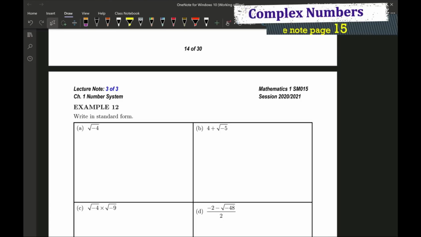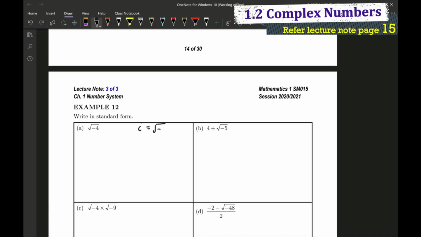Okay? But it is important for us to know that we are going through this definition whereby i is equal to the square root of negative 1. From our definition, from the previous page, i is equal to the square root of negative 1.